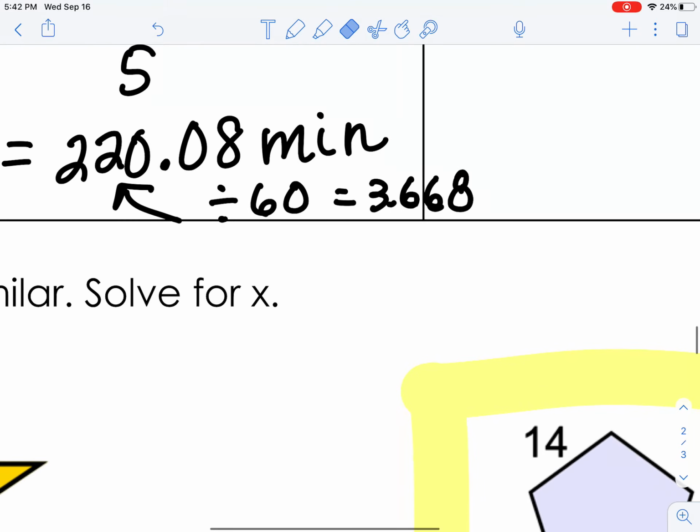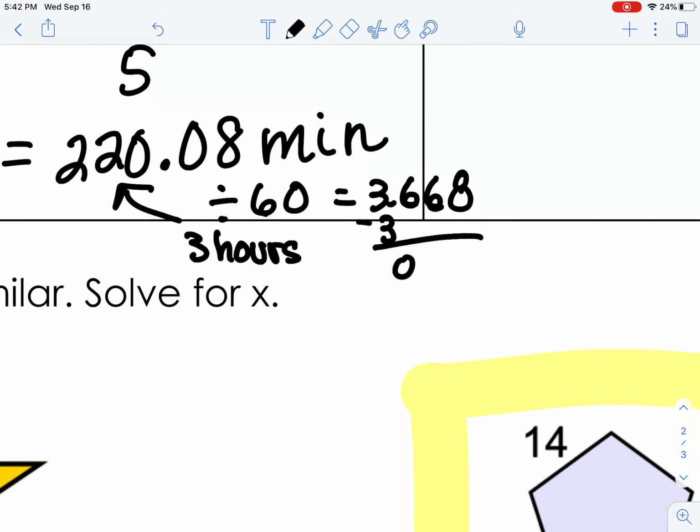So instead, what you would do is say, okay, this is 3 hours. And then if you take off those 3 hours, you would have 0.668 hours. Well, how can we change that back into minutes? By multiplying it by 60.